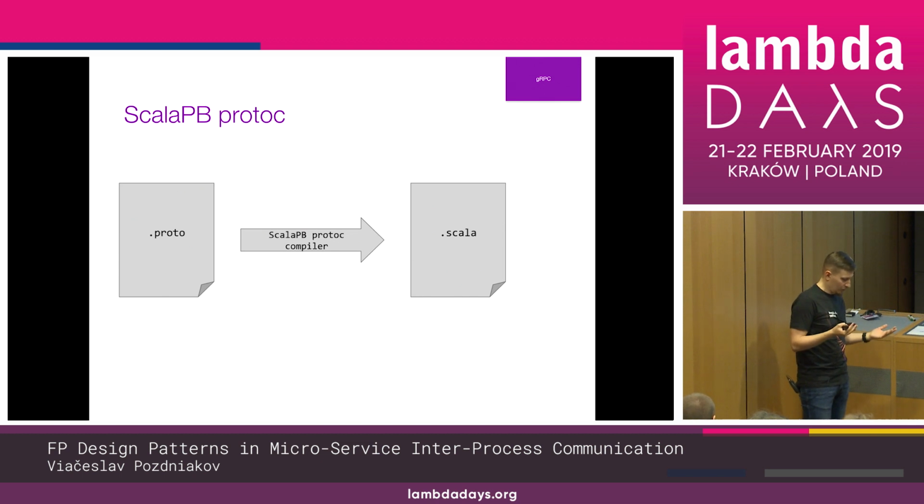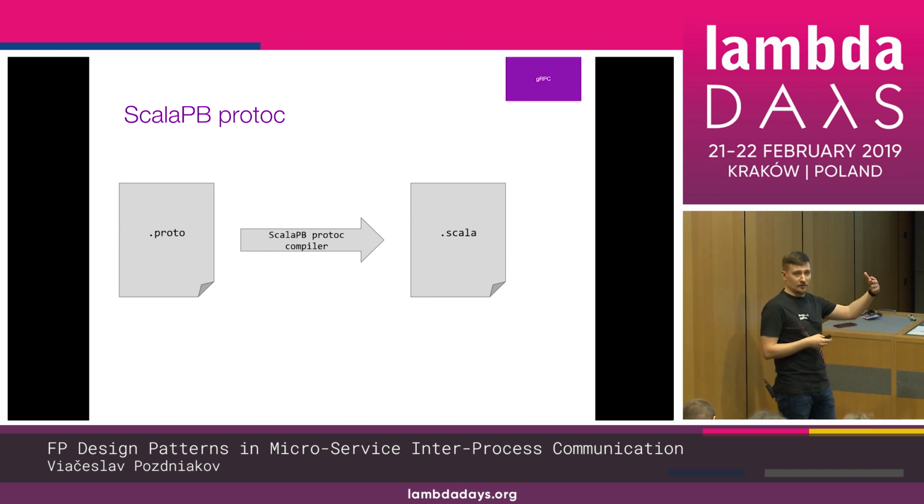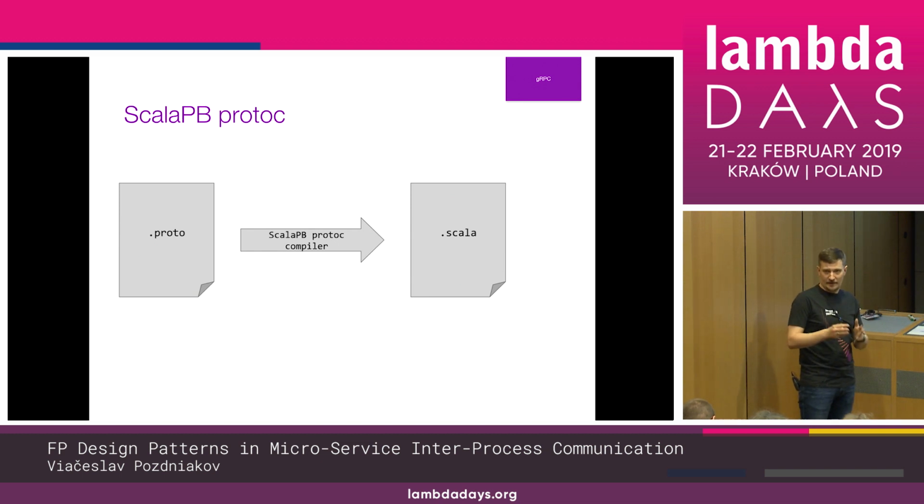If you are a Scala programmer, then ScalaPB is quite an obvious choice because it's pretty much the only product you can take if you want to use gRPC. What you get here is a set of traits and entities, case classes. ScalaPB generated entities are decent Scala case classes.